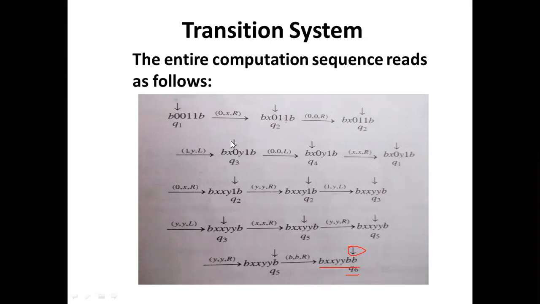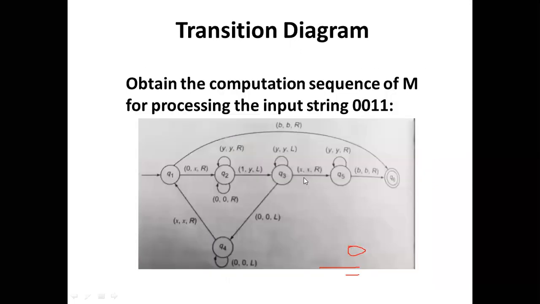So what will be the transitions here? After reading the blank symbol, no transitions are given for Q6, but we have to check that Q6 is the final state. Yes, Q6 is the final state. So the given input string 0011 is accepted by this Turing machine M.